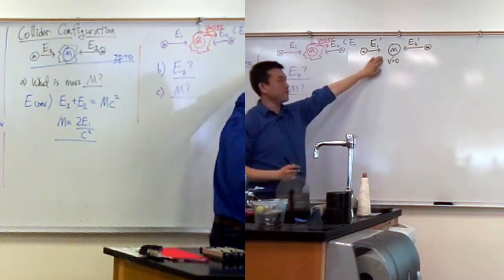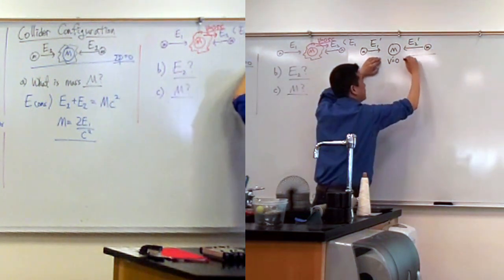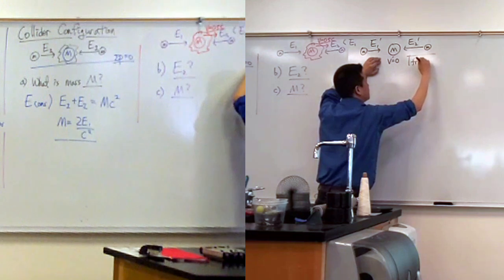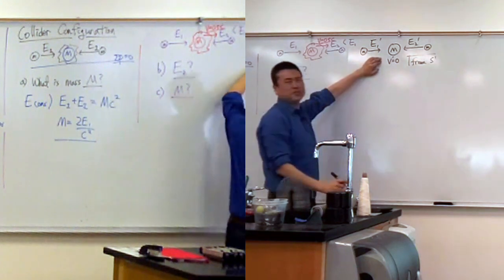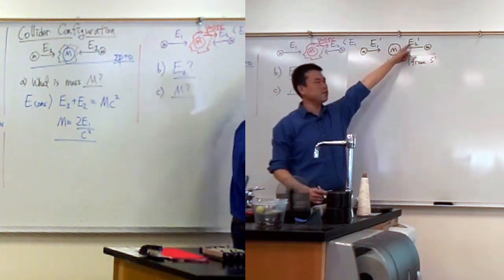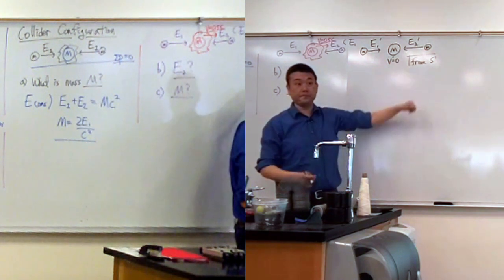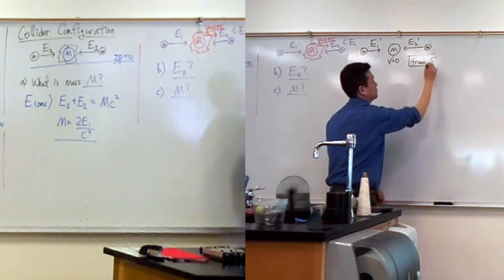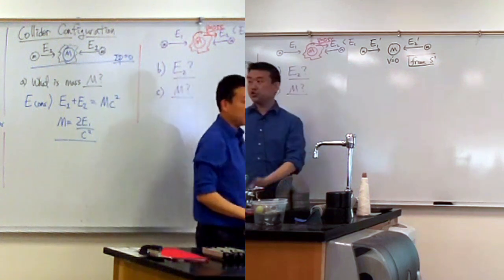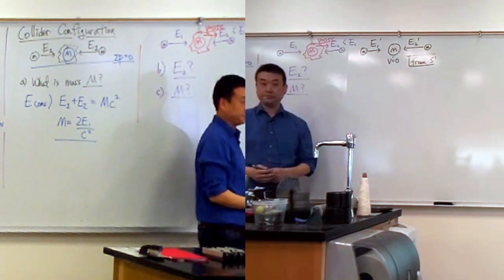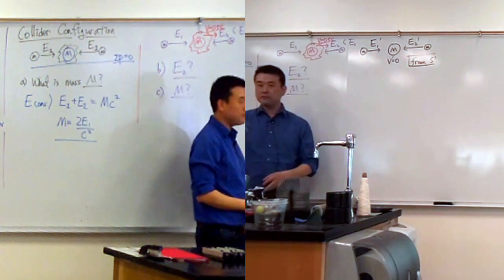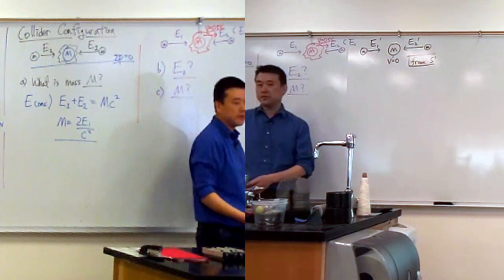Now, in this reference frame S prime, do you know how E1 prime and E2 prime are related? How should they be related? For 4 vector, you can write 4 vector. I'm looking for a simpler answer.